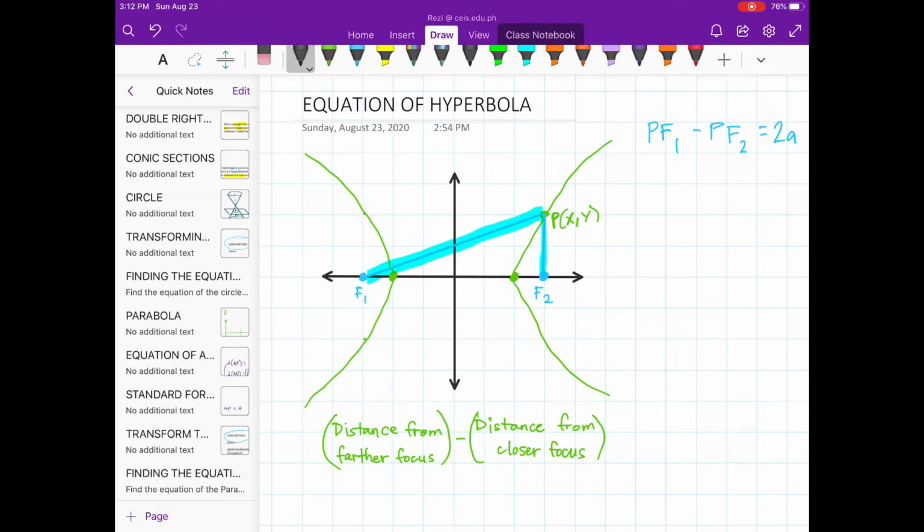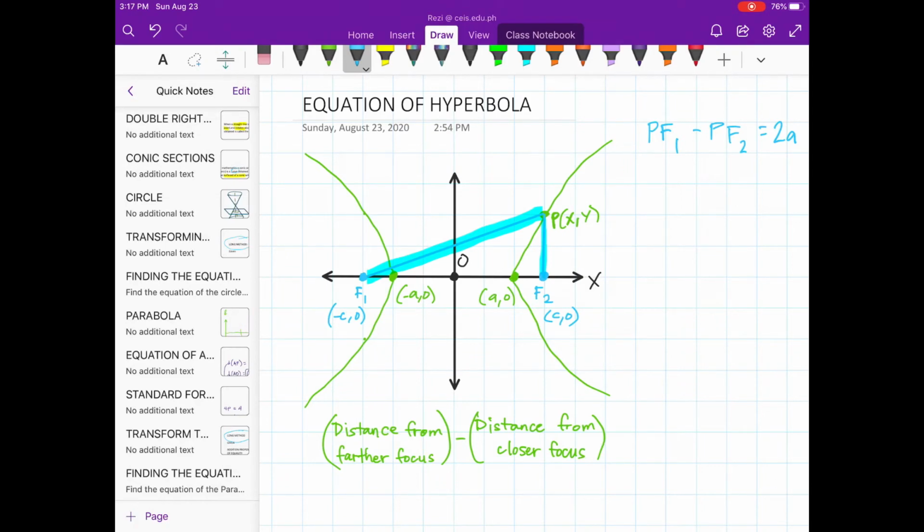Observe that we draw the coordinate axes such that the x-axis is along the transverse axis and the center is at the origin. We take the distance between the center and one of its foci as c. So the coordinates of the foci are these. Consider this point P on the hyperbola. As we saw, this difference is equal to 2a.